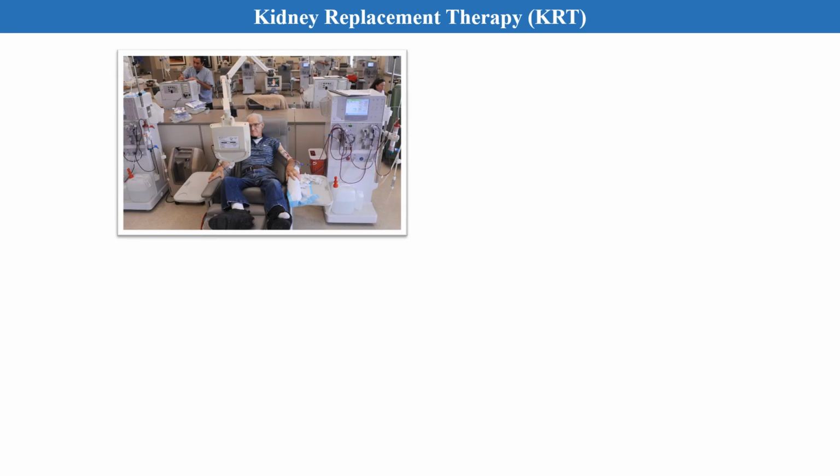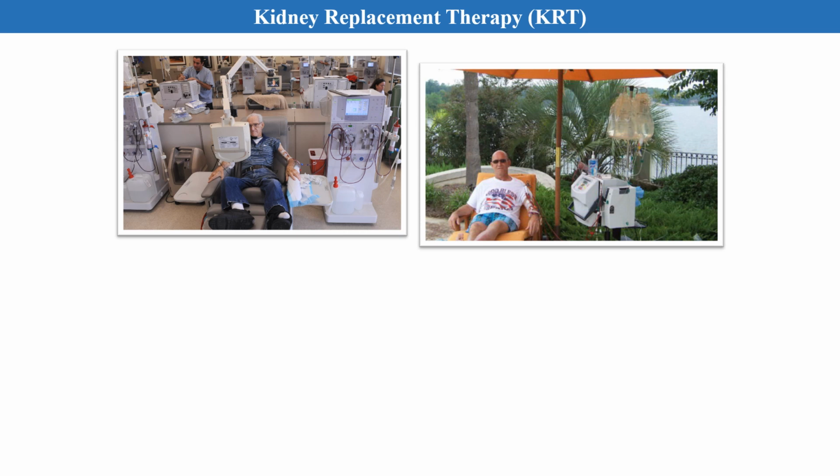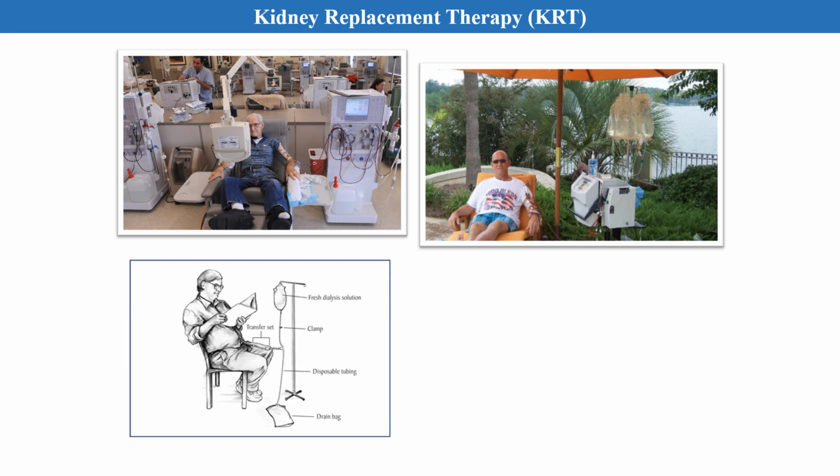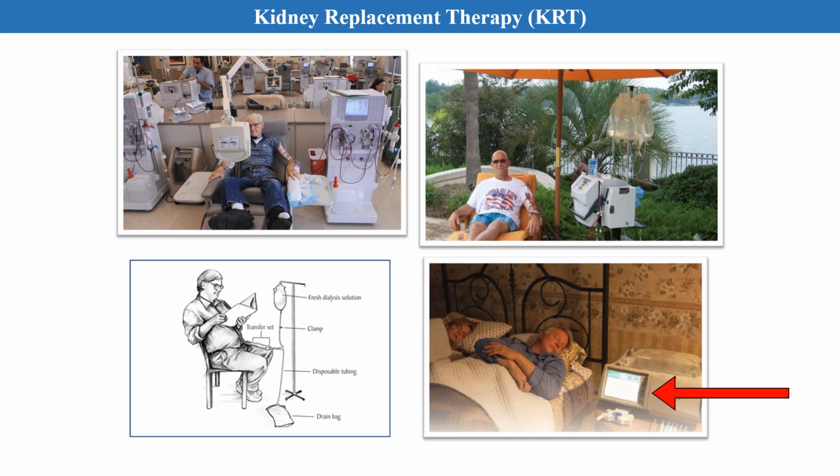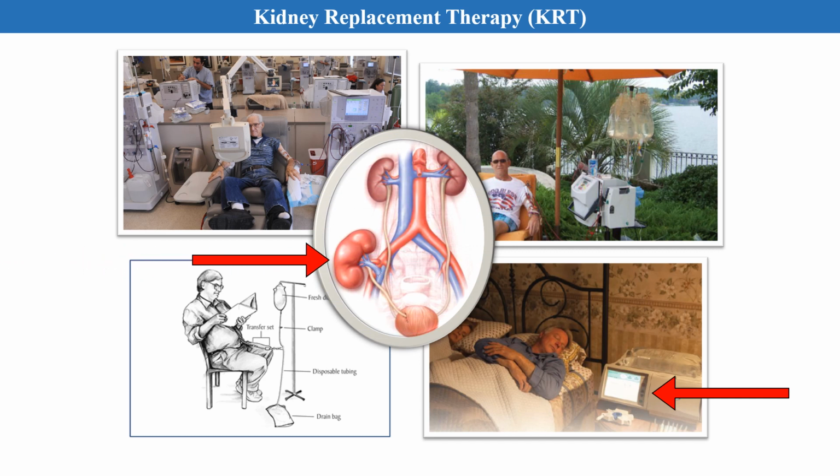Options for kidney replacement therapy include in-center hemodialysis, where patients just go to a dialysis unit and get their regularly scheduled dialysis session, home hemodialysis, where patients self-perform hemodialysis at home, continuous ambulatory peritoneal dialysis, where patients self-perform peritoneal dialysis with manual exchanges of dialysate during waking hours or with the use of an automated cycler during sleeping hours, or kidney transplantation.